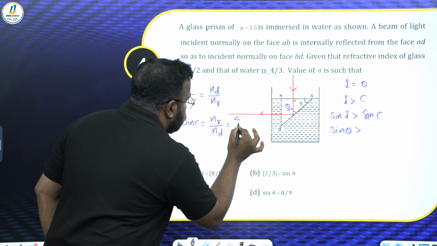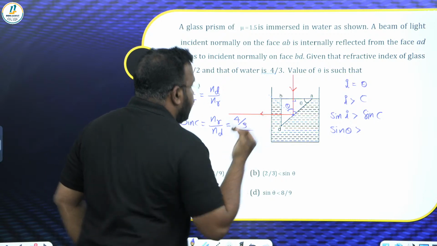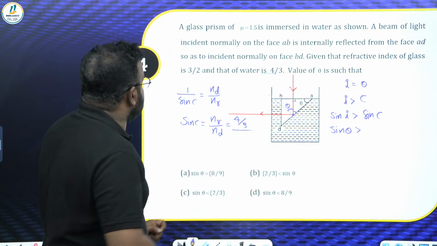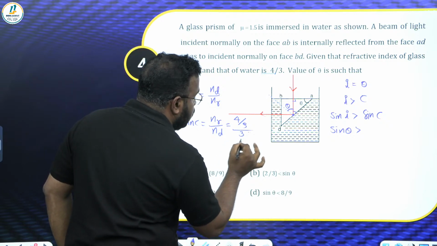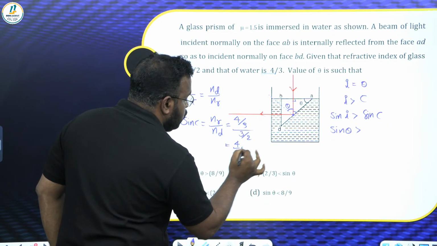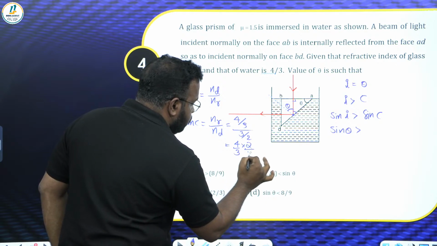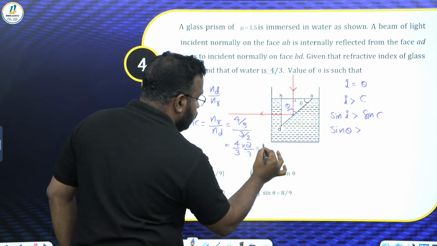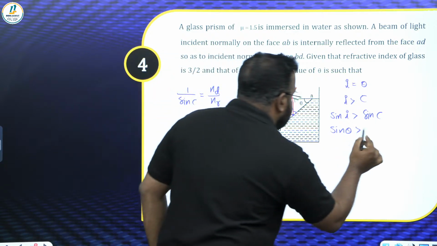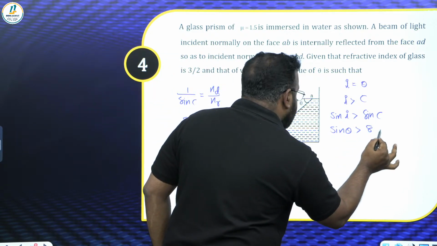So NR is 4/3, and ND, the denser medium, is the prism. The prism is made up of glass. What is the refractive index of glass? 3/2. So this will go up. We get 4/3 into 2/3, which is equal to 8/9. This is the sin C value. So I am substituting that sin C value here, 8/9.